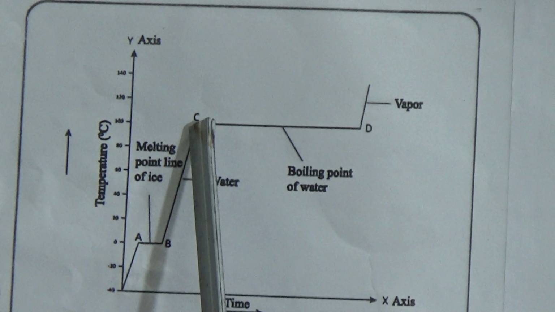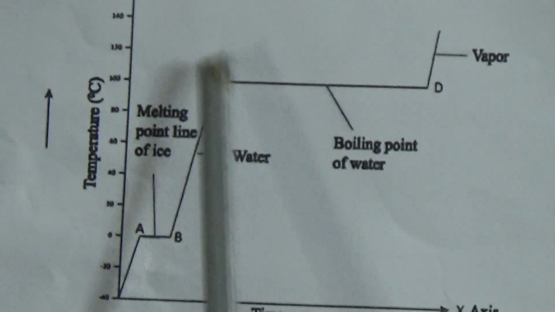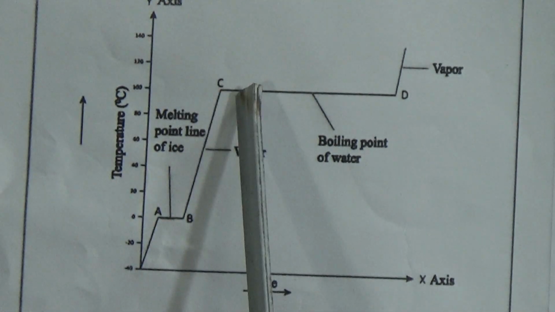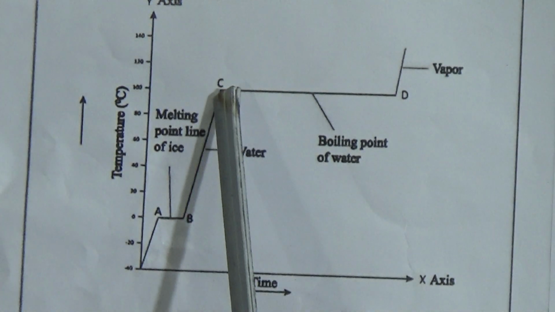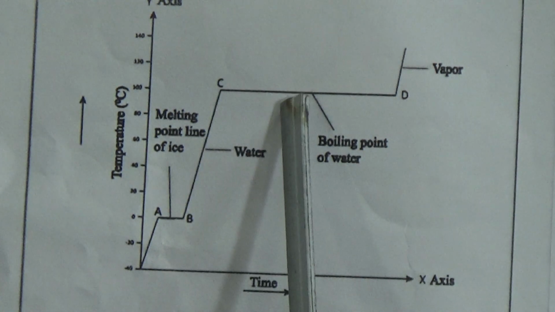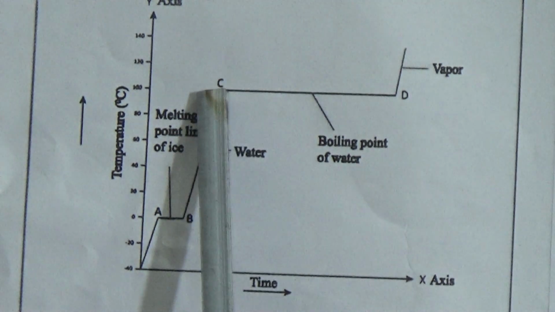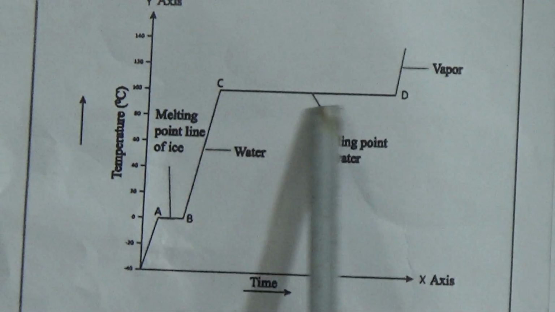When the water reaches 100 degrees Celsius, if we provide more heat, then it starts to boil, and when the water starts to vaporize, no temperature will increase. That's why you can see the straight line.